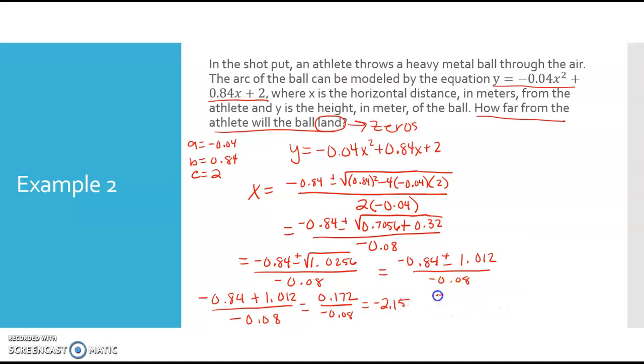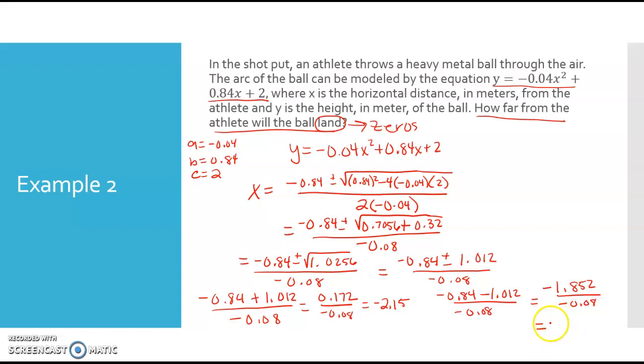And then we do our negative 0.84 minus 1.012 divided by a negative 0.08. We do that subtraction and we end up with negative 1.852 over a negative 0.08.